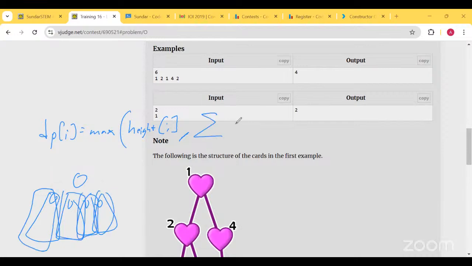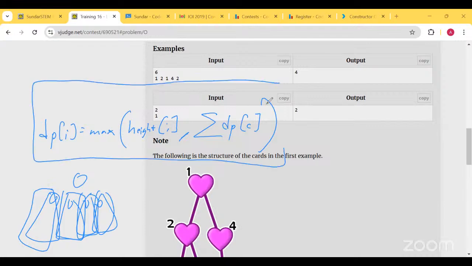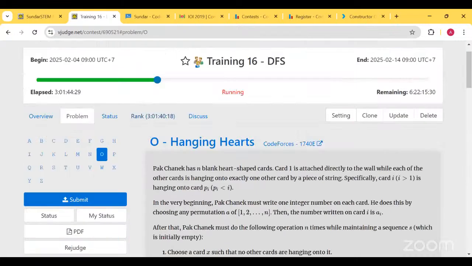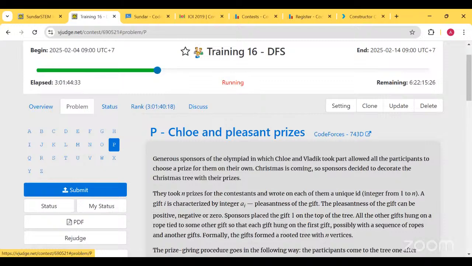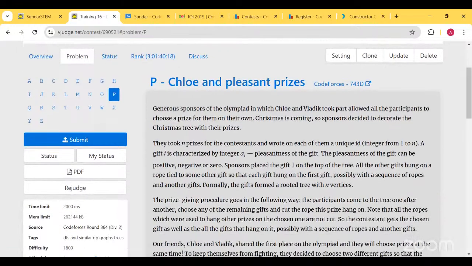So the sum of dp of the children. Alright, this is the formula. It is quite simple in the implementation. Is there any question about problem A?